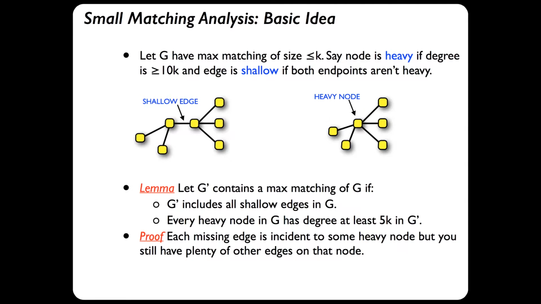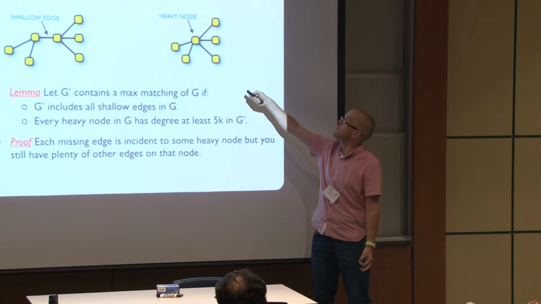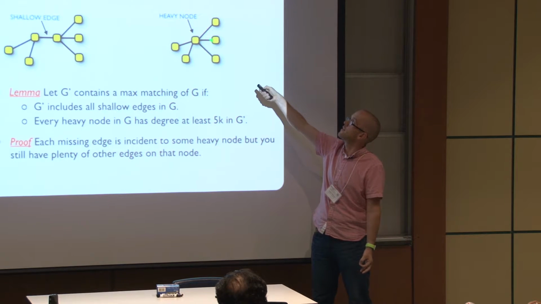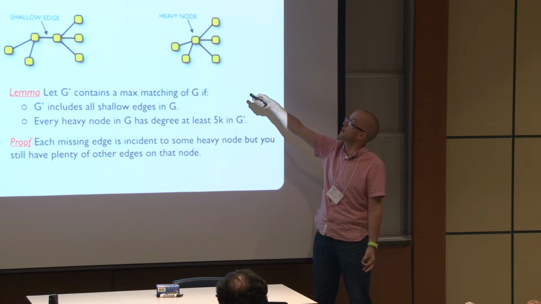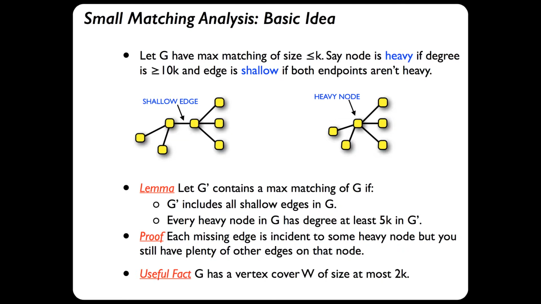But you've remembered so many other edges incident to that node that the fact you've lost 1 or 2 is really not going to affect the best matching you could get, because even if this was something in your matching, you can instead use one of these edges, because all the other endpoints haven't been used in the optimum matching. Okay.